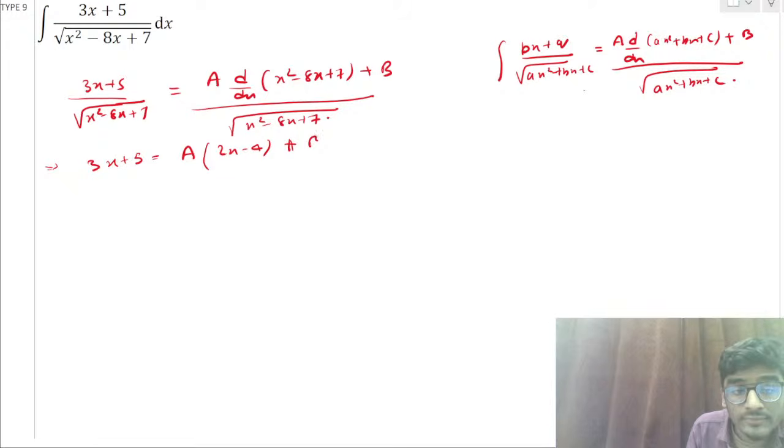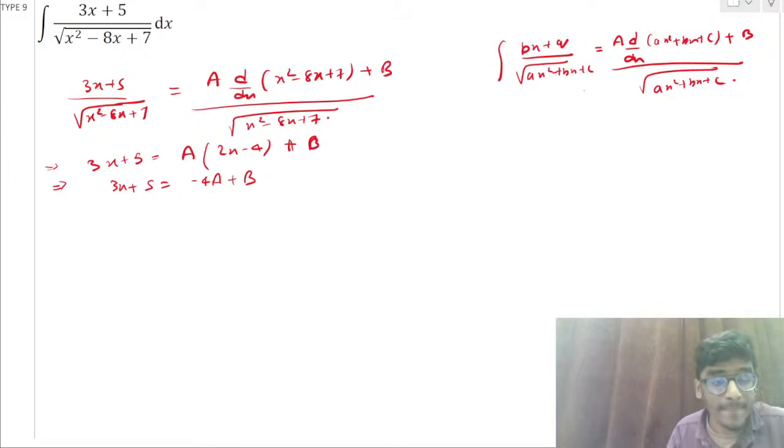I think it is lagging. So we write 3x plus 5 is equal to 2ax minus 4a plus b.